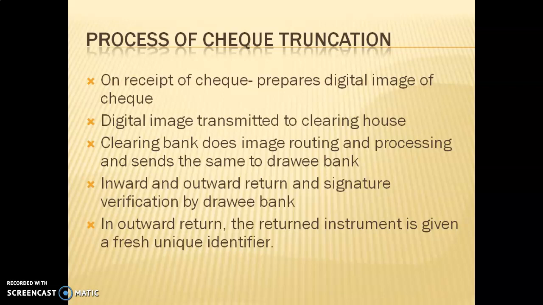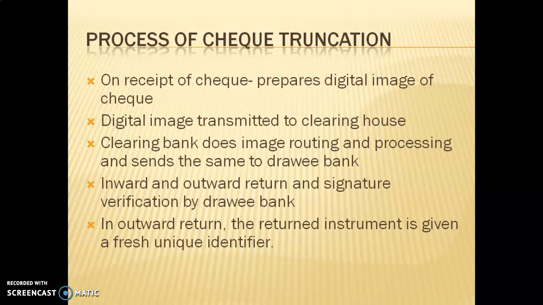The physical check will be kept safely in the custody of the collecting banker, and the electronic record of that content will be generated through a digital image process, and this is called the truncated check. The digital image of the check is then transmitted to the clearing center by the collecting bank. Then the clearing house will do the image routing and processing of the truncated check, and send the files to the drawee banker.